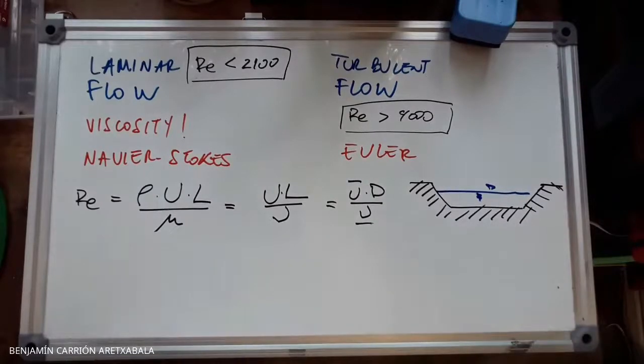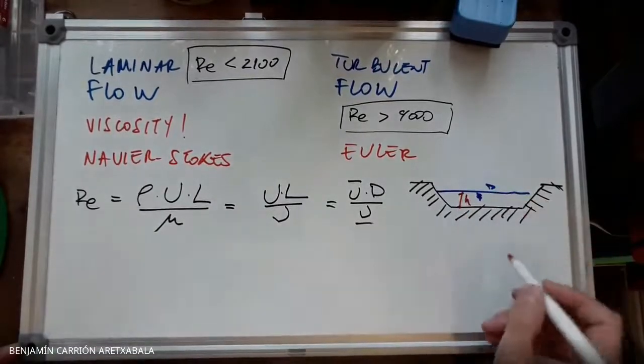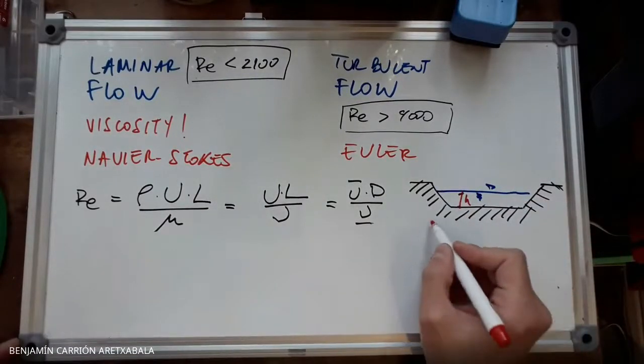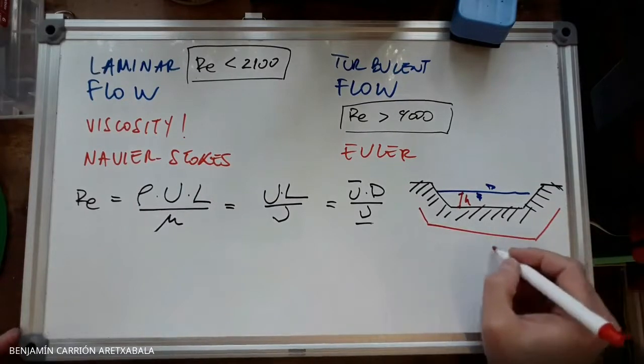It doesn't really matter. If you have a canal, you're normally going to have a height, and you're normally going to have an area. This is called the wet perimeter.